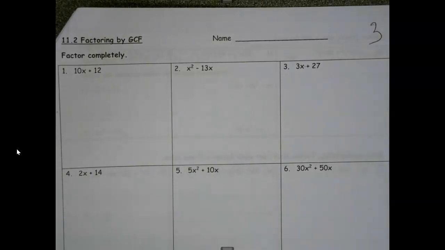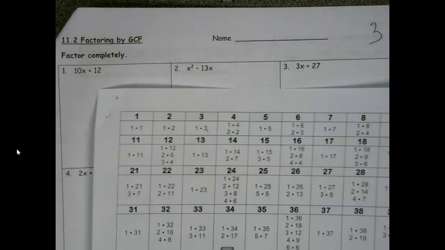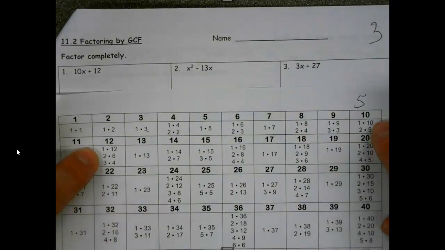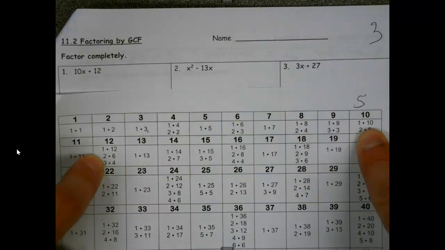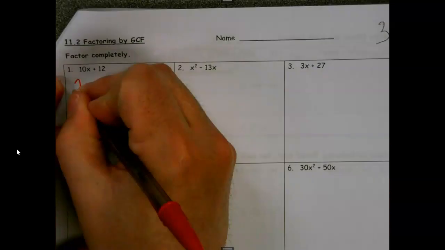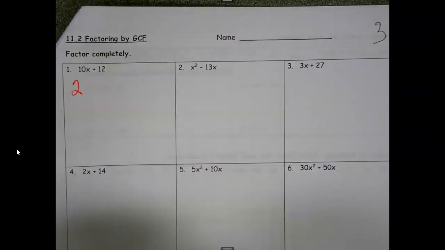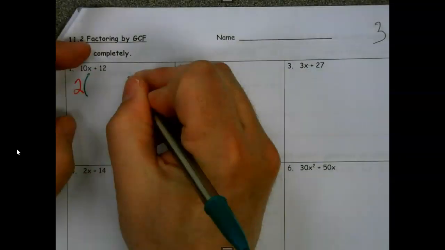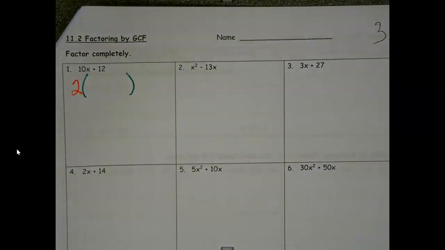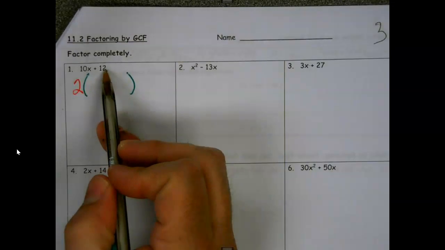So again, let's keep life simple. If I'm looking at 10 and 12, 2 is the biggest number we got in common. This time we didn't take an x out because one of my terms didn't have x.